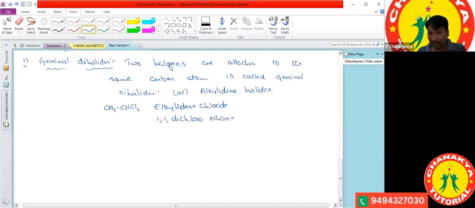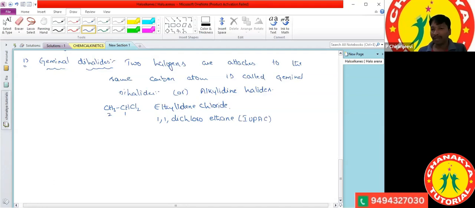So this is the IUPAC name. Chlorine is the substituent, not the functional group here. So how many chlorine atoms are there, that many numbers we have to represent. According to the IUPAC rules, the substituent and functional group have to get the least number. So 2 chlorine atoms are attached to the same carbon atom, so we write 1,1-dichloroethane. 1,1-dichloroethane is the IUPAC name.